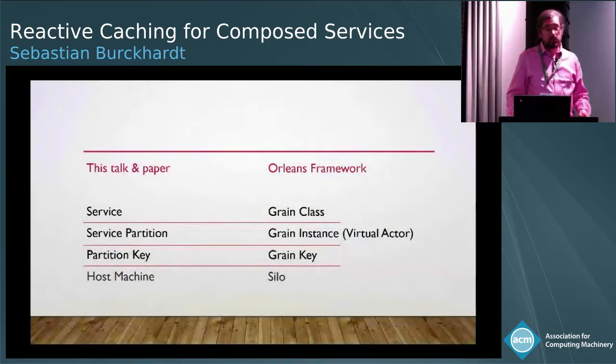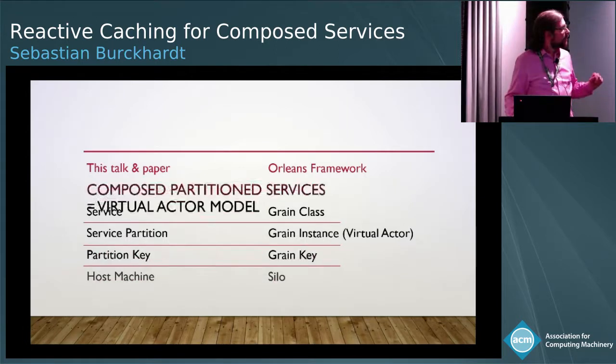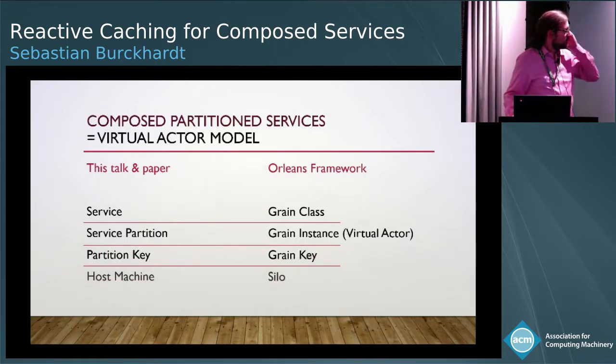Okay, so another thing I want to point out here is how did I arrive at this calculus? Well, I didn't actually invent this as much as distill it. And my starting point was the Orleans framework. So this notion of composed partition services really is the same as the virtual actor model, which was published by the Orleans team for their framework. They use different terminology.